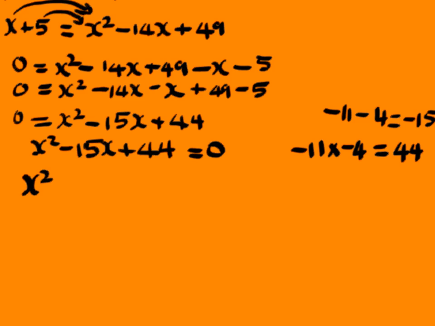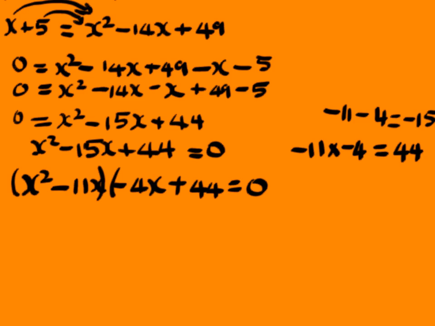So we factorize. We have x squared minus 11x minus 4x plus 44. We can do this by enclosing this part of the equation in a bracket and this part in another bracket.